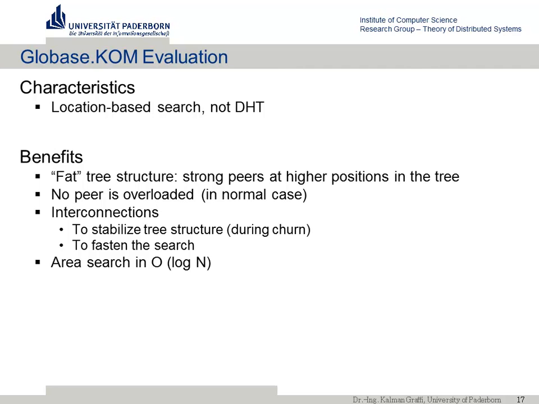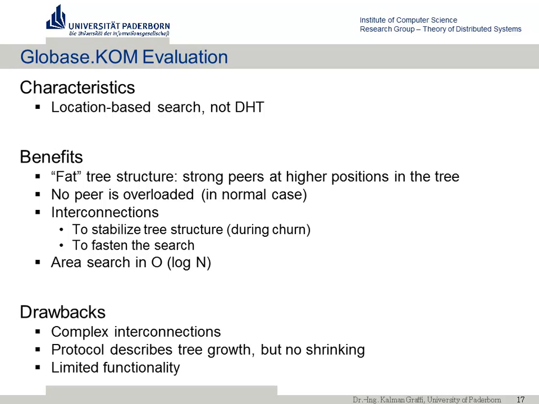It uses interconnections, both to stabilize, so therefore you have the high connections, and to fasten the search, that's the wide interconnections. And you perform the area search in O of log n. This is because the tree has a logarithmical height, and that comes to this complexity.